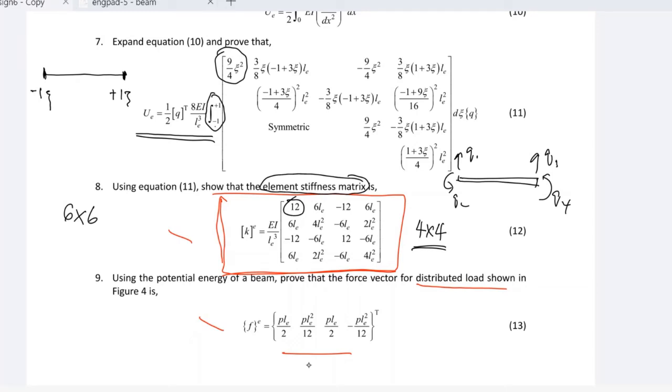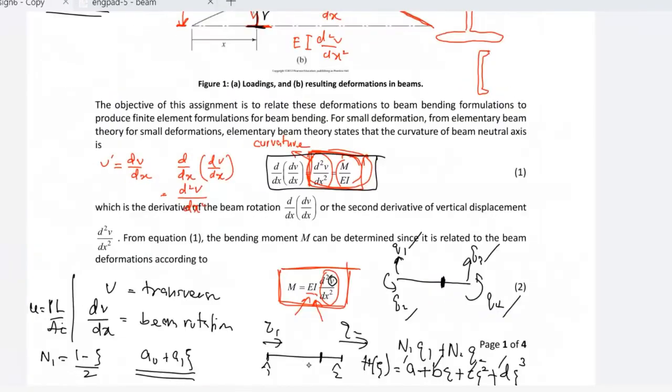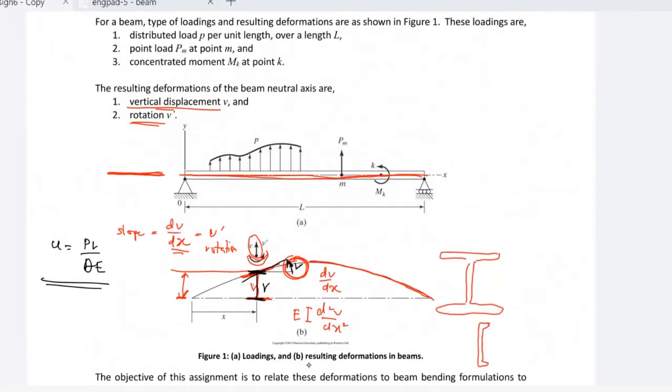Then we can go to the force vector for distributed load. Note that for a beam, we have this kind of loading: distributed load, concentrated point load, and point moment. There are three types of loadings here.